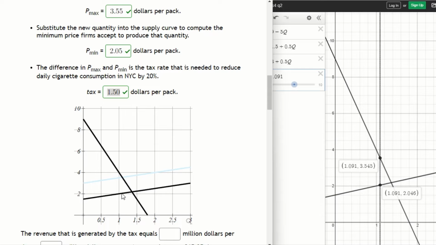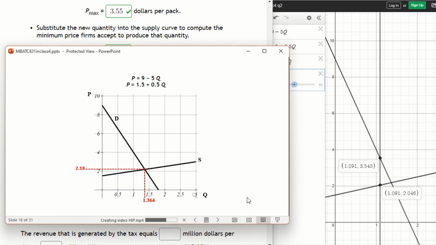And this is the lowest price the firms are willing to accept, okay? Which is 2.046, right? In the PowerPoint, that right there is the consumer surplus before the tax, and this is the firm surplus, and that's total surplus before the tax.